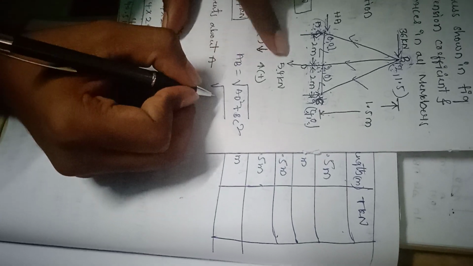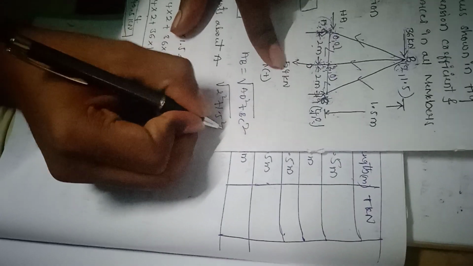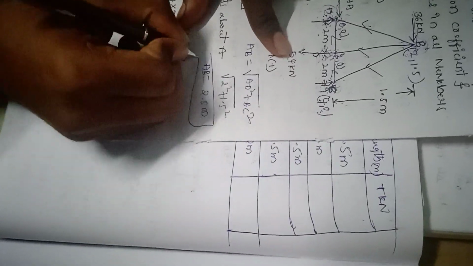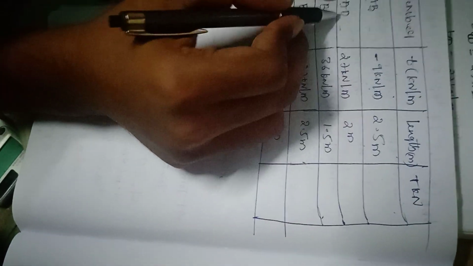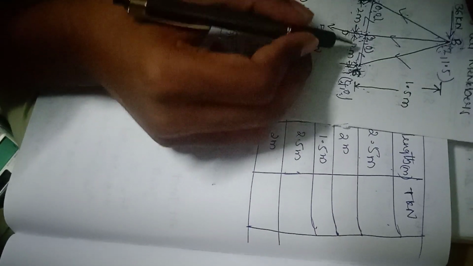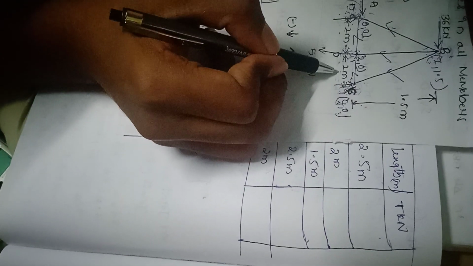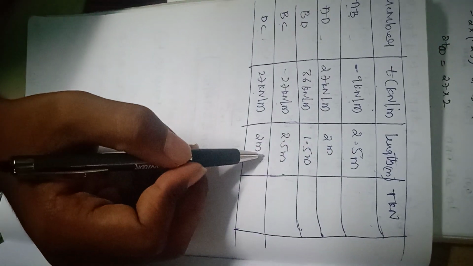Therefore 2 square plus 1.5 square gives 2.5 meters. AB equals 2.5 meters. And for AD it is given in the question, A to D distance is 2 meters, D to C distance is 2 meters, and B to C is 1.5 meters. All the distances are given in the question.